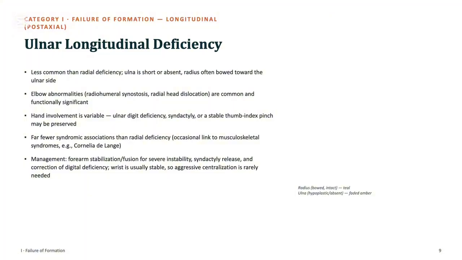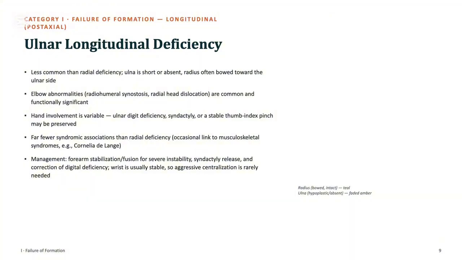The same for the ulna, but ulnar longitudinal deficiency is far less common, and also the problem is not mainly in the wrist. Why? The articulation between the ulna and the wrist is very small, but the main articulation is with the radius bone. But the articulation in the elbow joint is mainly with the ulna. So the problem will be in the elbow joint.